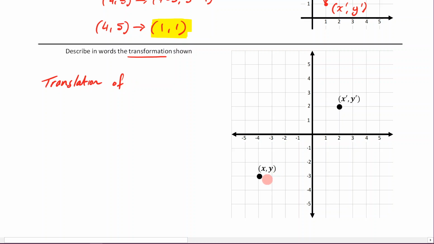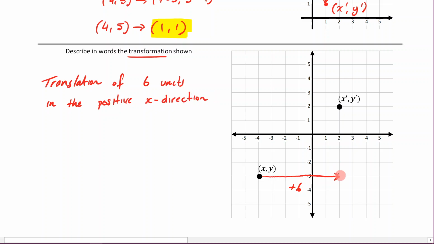What am I doing? Well, obviously I'm going 1, 2, 3, 4, 5, 6. I'm going plus 6, so I'm going a translation of 6 units in the positive x direction.